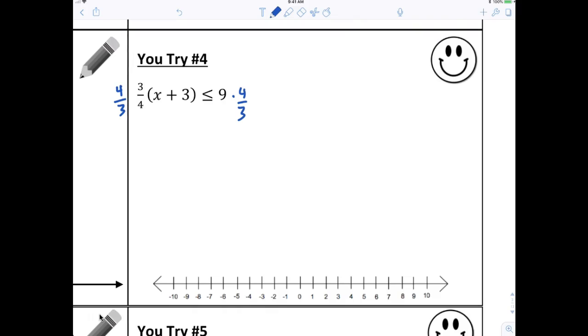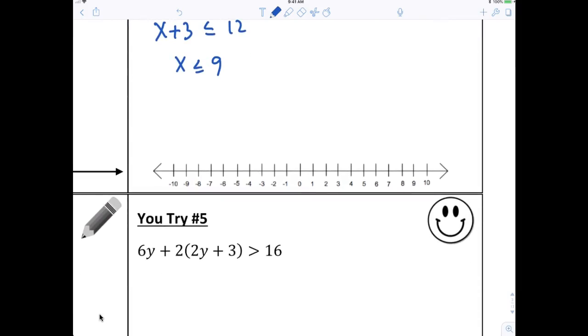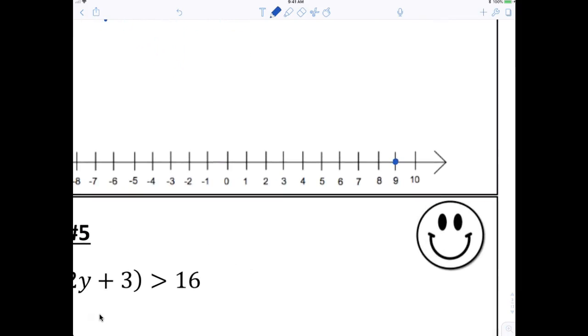X plus 3 less than or equal to 12. And so now what? It's 9. Less than or equal to 9. All right. So now what kind of dot at 9, a solid dot, correct? Going where? Left. Thank you.